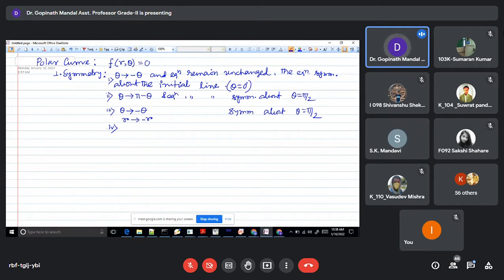And the fourth one, if r is changed by minus r and the equation remains unchanged, the system will be symmetric about the pole.